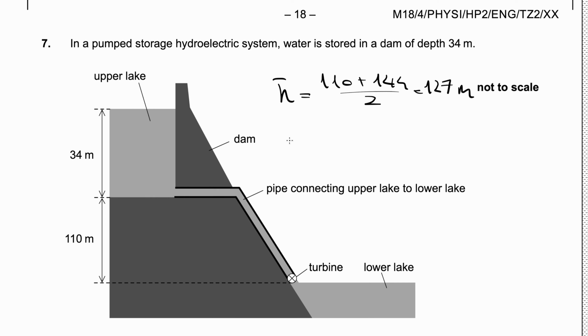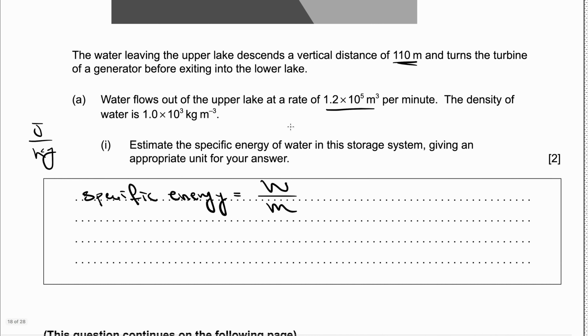So your specific energy is going to be m g h bar over m, so your m's cancel out. You'll be left with 9.81 times 127, and if I calculate that, it's going to be 1,246 with 4 significant figures. I'm going to put 3 significant figures.